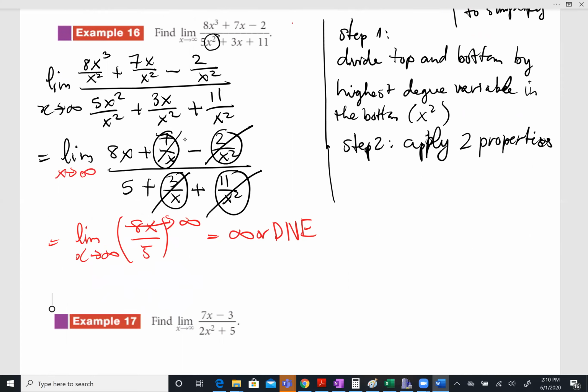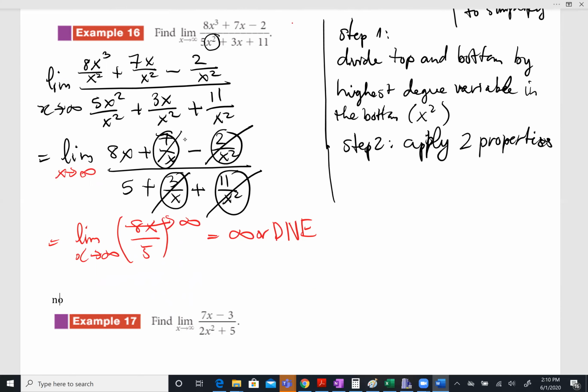Okay. So you can see that in this example 16, the degree of the top is higher than the degree of the bottom, and that will usually give you does not exist.